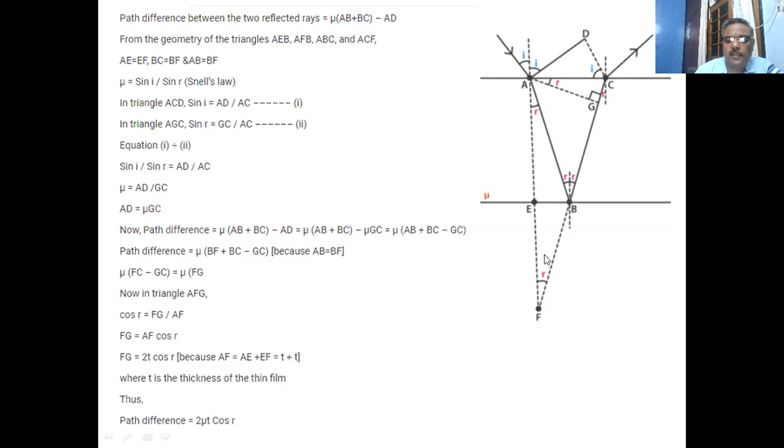This is equal to the thickness of the film, and this is also equal to the thickness of the film, so this is T plus T. So AF is equal to 2T. So the path difference is mu FG, where FG is 2T cos R. So now the path difference is 2 mu T cos R.